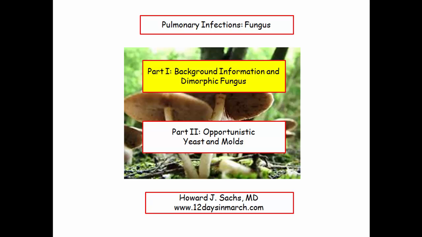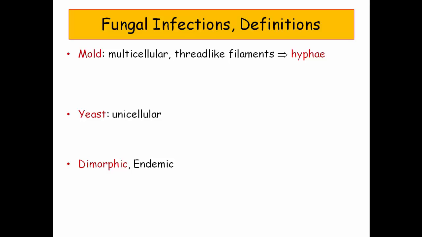So let's get started. We'll start by clarifying the nomenclature of the fungal organisms. Molds are multicellular organisms that grow in the form of thread-like filaments called hyphae. Yeast, on the other hand, grow as unicellular organisms. Dimorphic has characteristics of both mold and yeast, as we will discuss.